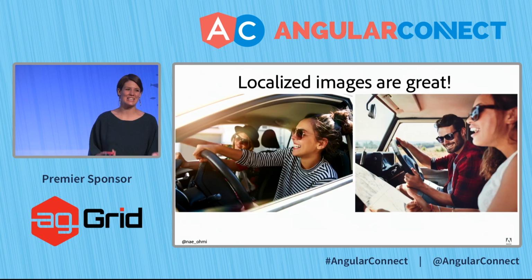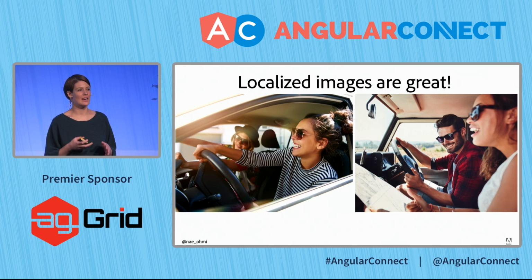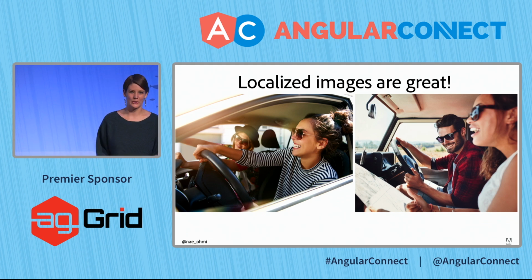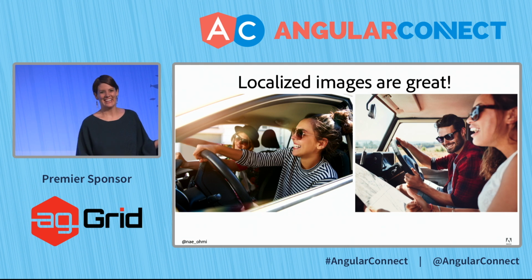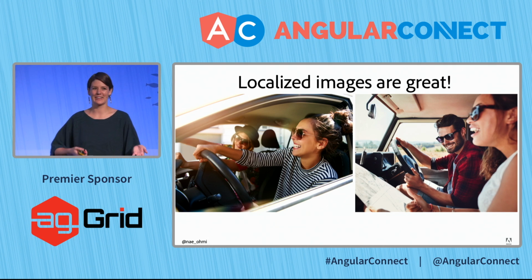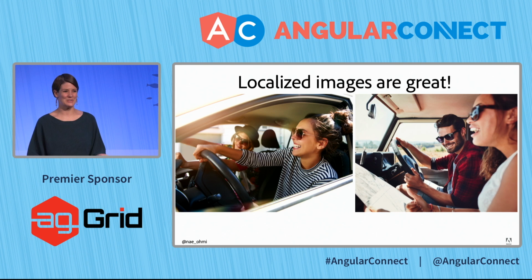Also, localized images. So this one I think is fascinating because we have an opportunity to really personalize our content to users from around the world. So here's 2 Adobe Stock images of people smiling and driving. And one, the driver is on the left. The other, the driver is on the right. So I want to make sure when I'm here in London in the UK, I'm displaying the correct driver side to my users in their app.